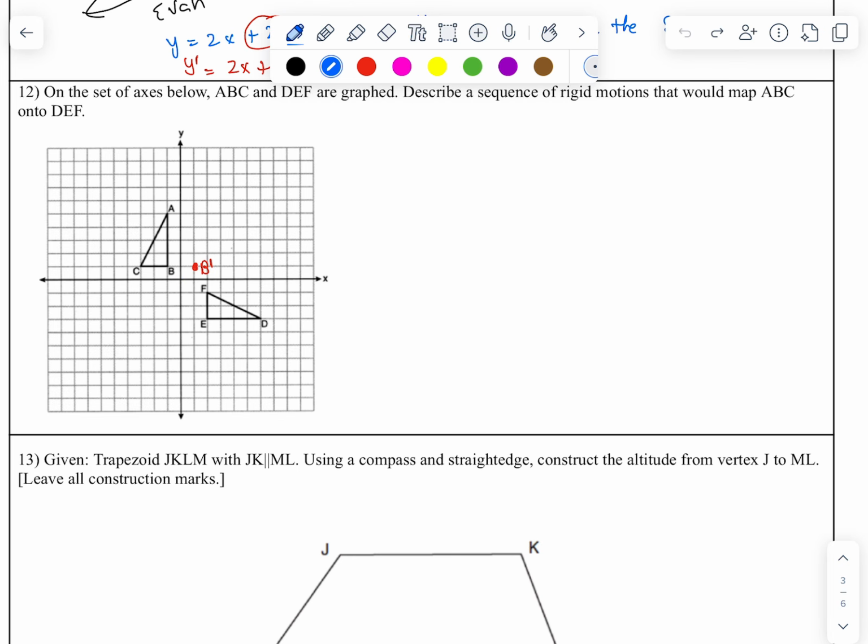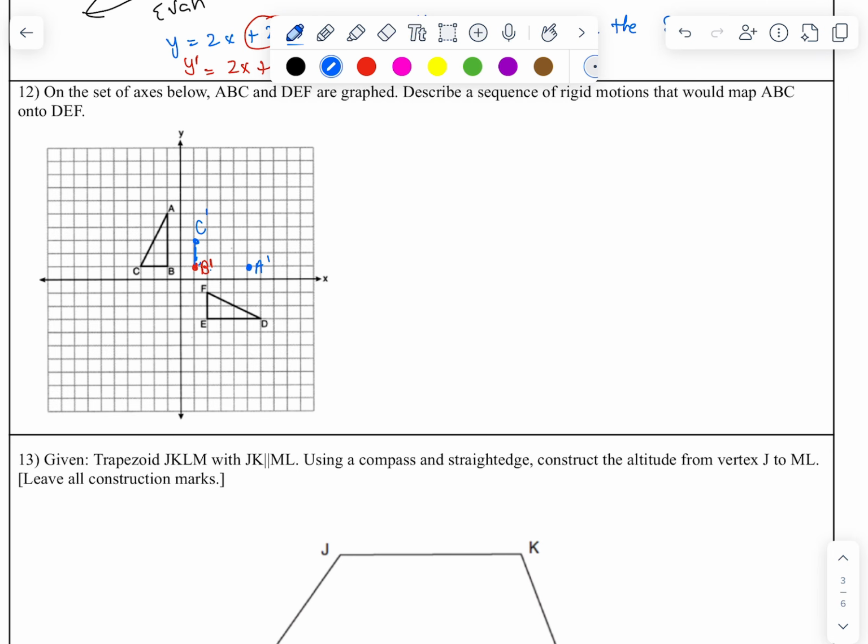Oh, so C is 2 units from B. So C will land here. And then A is 1, 2, 3, 4 units from B. That wasn't too bad.